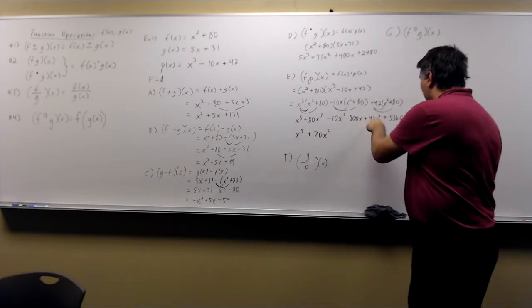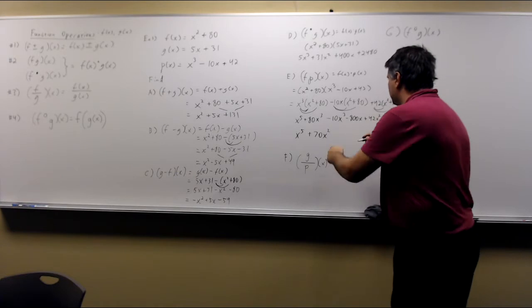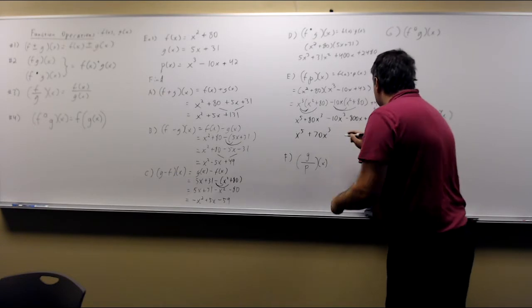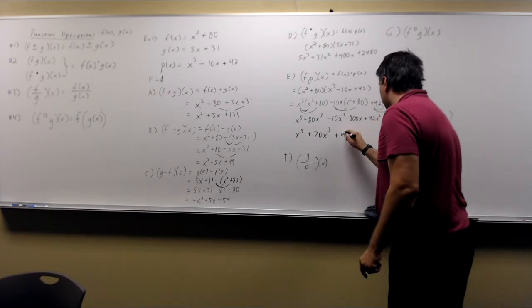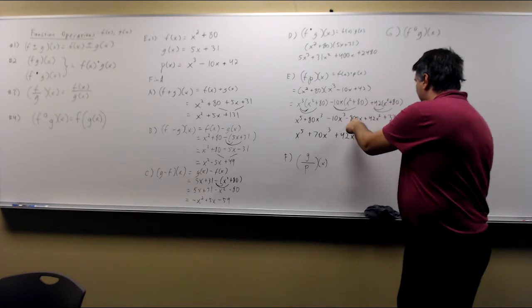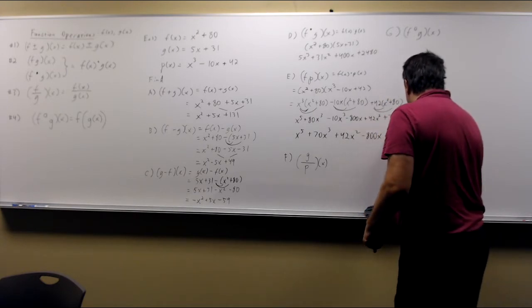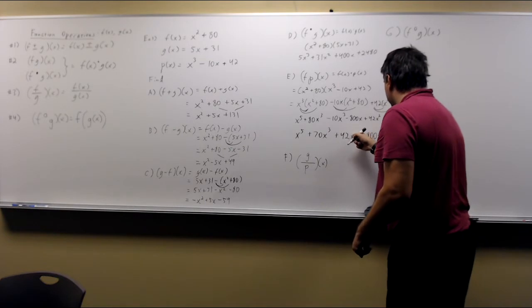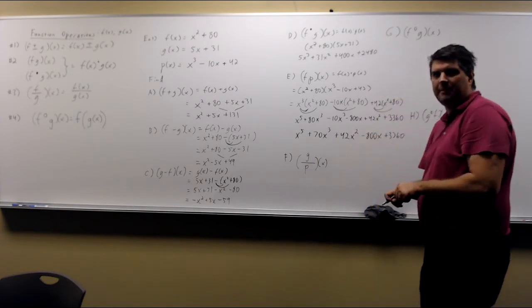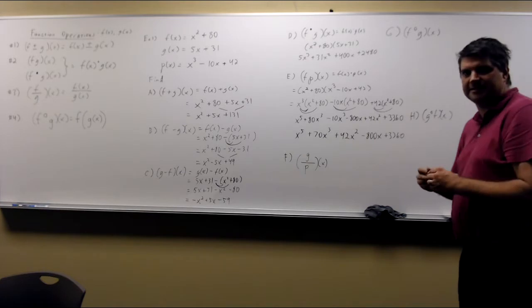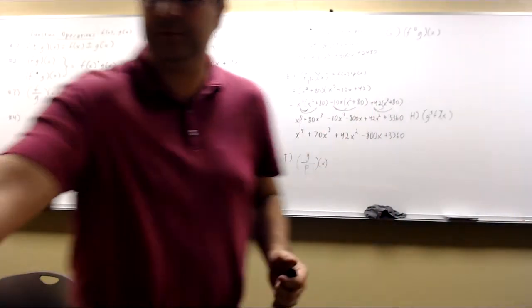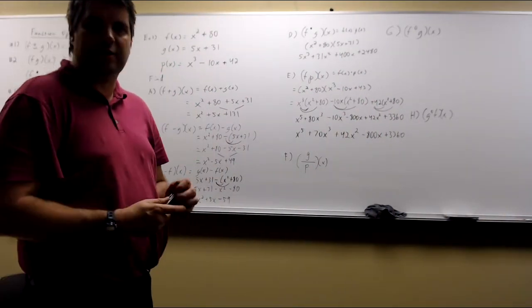I went in descending order, so plus 42x cubed, sorry, plus 42x squared minus 800x plus 3360. All right, I'm going to pause here and make sure I didn't mess something up. All right, so everything was fine.